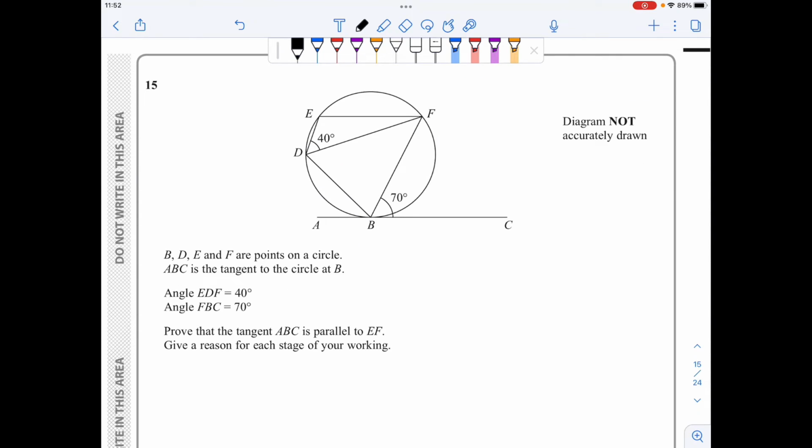For question 15, there are many methods to show that the tangent is parallel to the line EF. Now I'll start by finding BDF, which is this one. This is 70 degrees because of the alternate segment theorem.